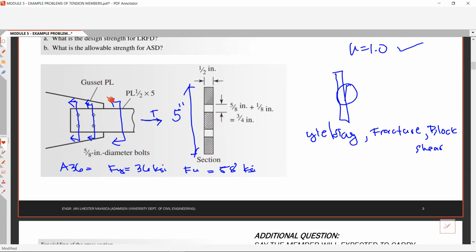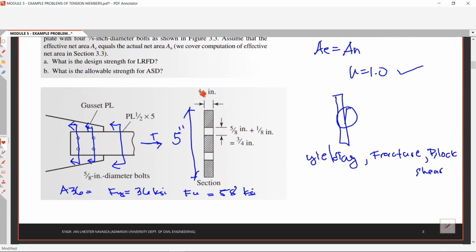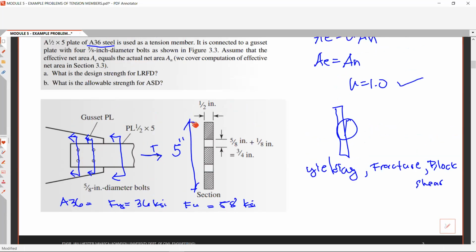If we cut a section here, the section is this one. We have 5/8 inch bolts. Based on the diameter of the hole, if you recall, the diameter of the hole is always the diameter of the bolt plus 1/16 due to punching and 1/16 inch due to construction issues.